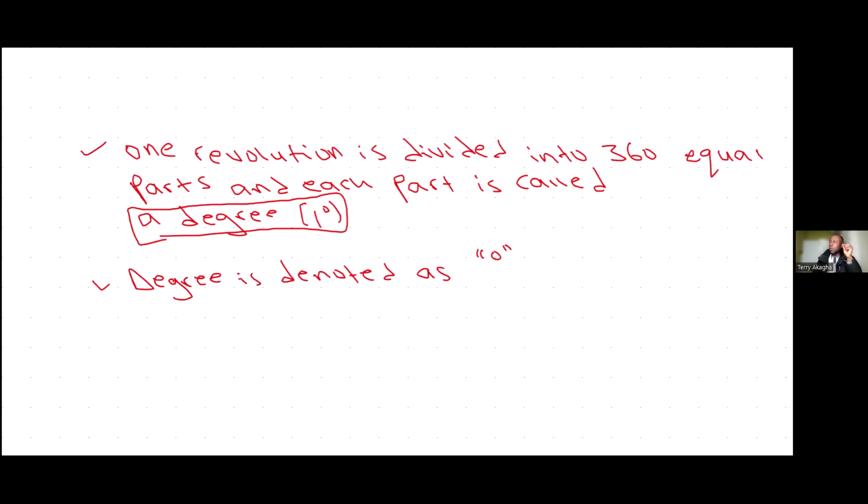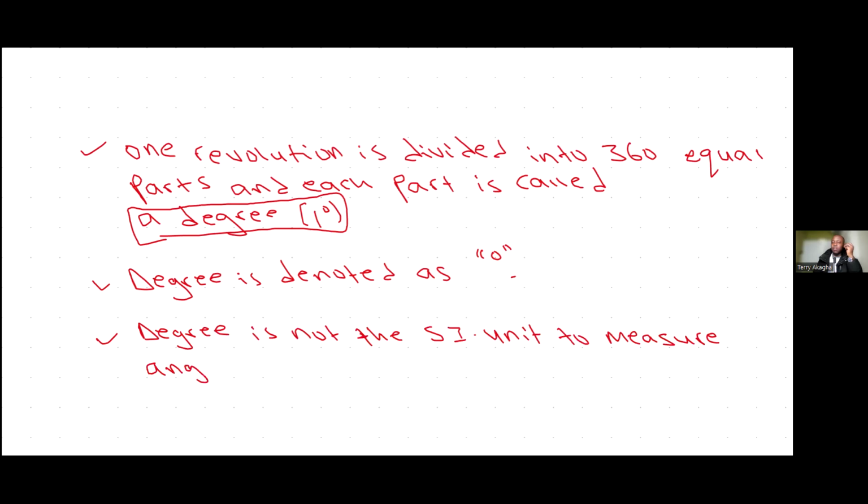It's very, very important that we stress it. Degree is not the SI unit to measure angles, but it is an accepted, acceptable unit of measurement.